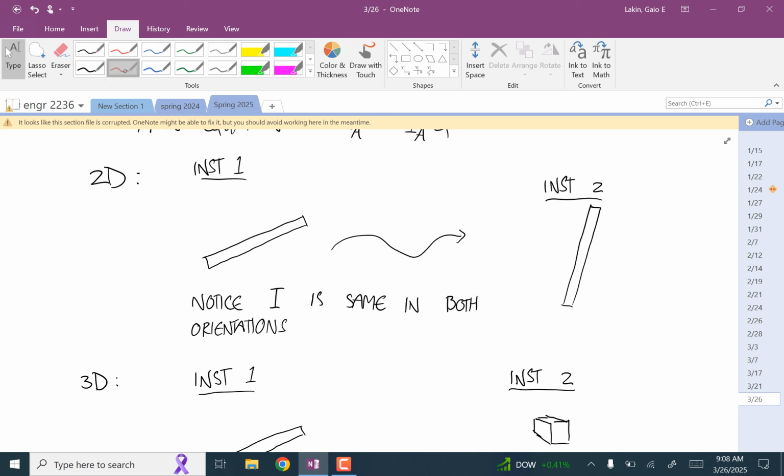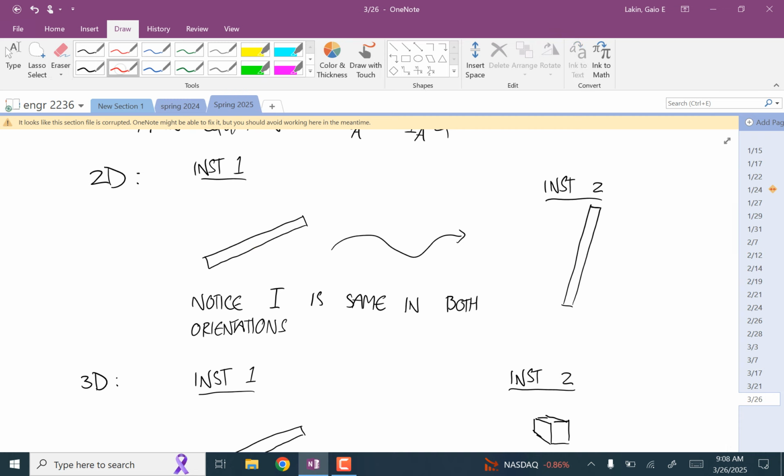In order to think about this, you have to think about an axis of rotation. So here, in 2 dimensions, our only axis of rotation is out of the page. So this moment of inertia is a moment of inertia about that vector pointing out of the page.